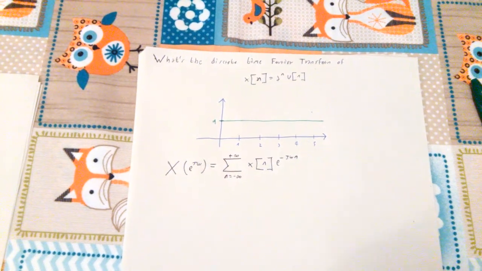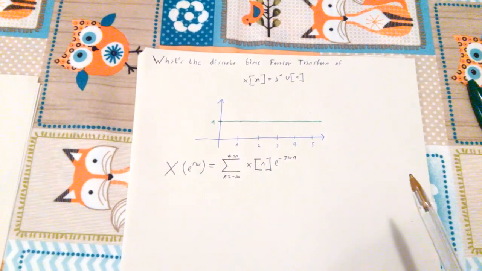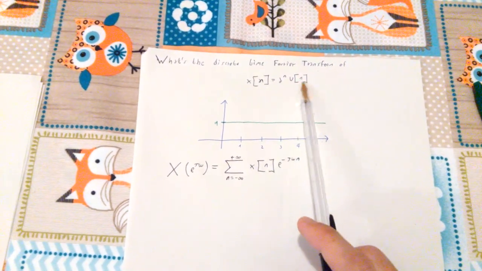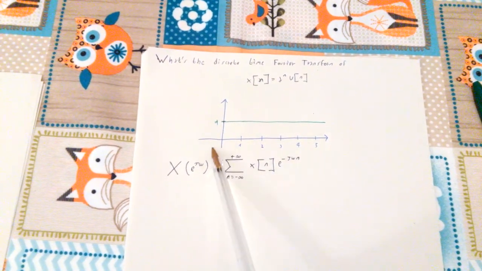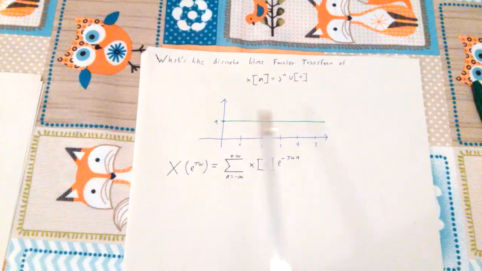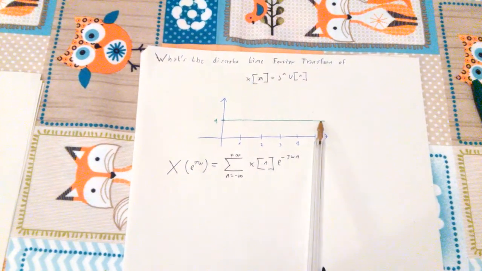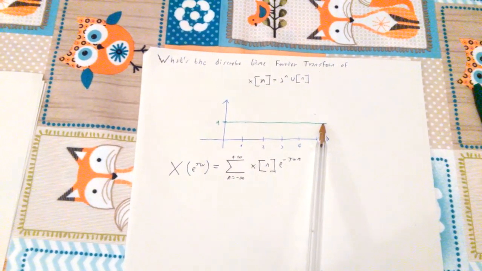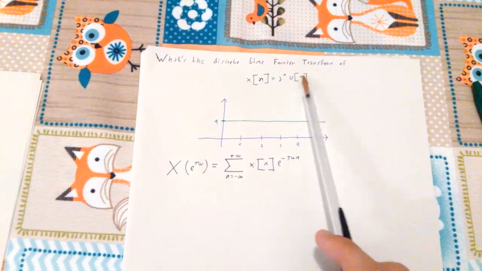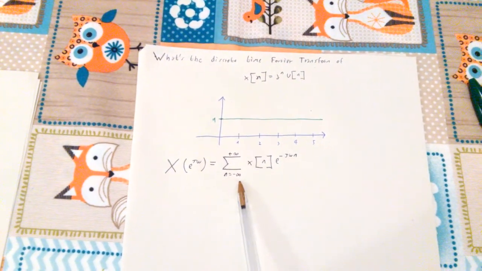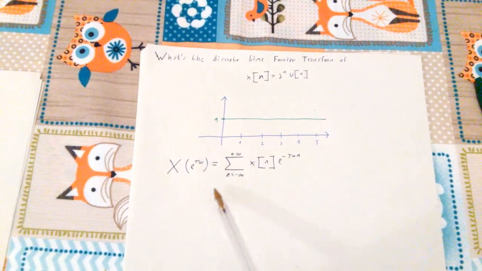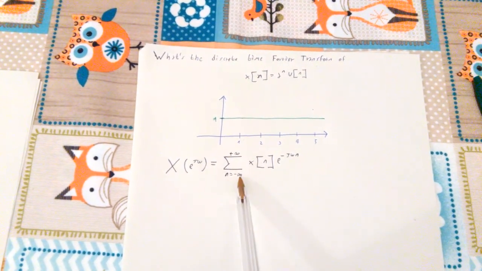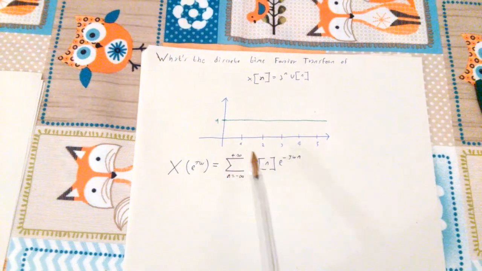So what do we do with this? Well, the unit step, we defined it as jumping to 1 at 0 and then staying at 1 for all times. So we can throw this one away and modify the extremes, the boundaries, from negative infinity to positive infinity.